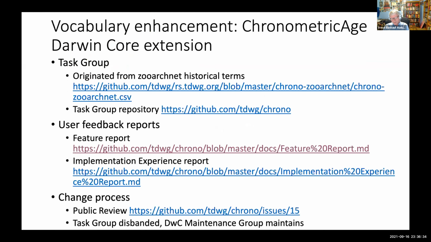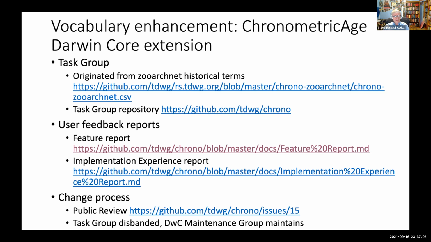Okay, so I'm just going to mention a couple examples where this has actually happened. The only situation we've had where this has been completely carried through is with the chronometric age extension to Darwin Core. So there was an earlier non-TDWG vocabulary by ZooArchNet. And the goal of this group was to bring that into conformance with the standards of Darwin Core and get it brought in as an extension.